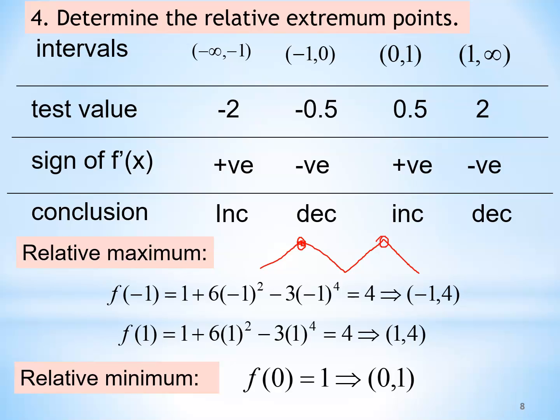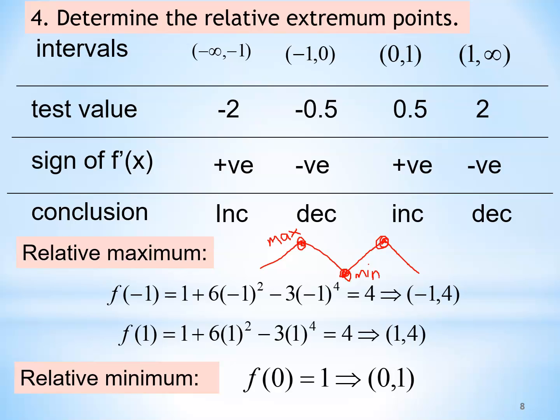Also this one, relative maximum. And this part over here will be your relative minimum. This is maximum, and this is minimum. It's quite hard to draw it using the computer.